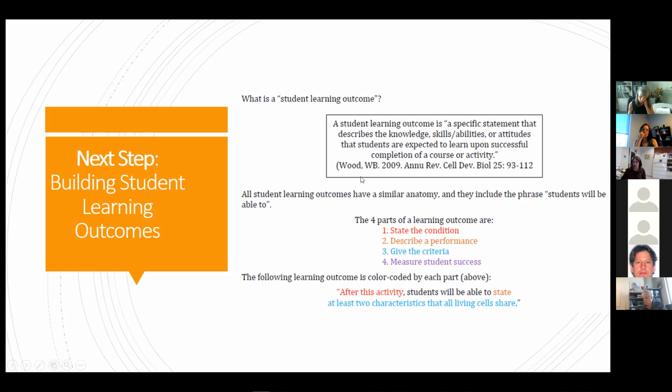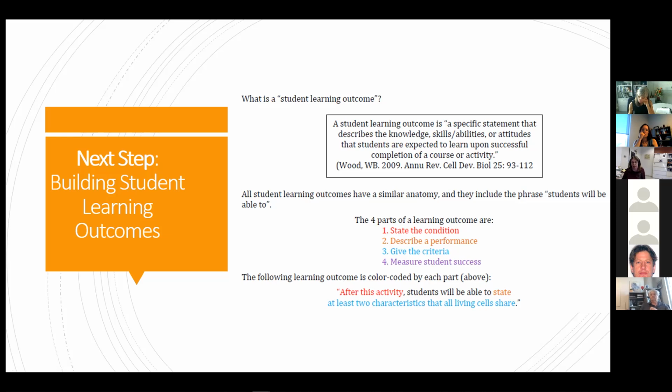And again, with Annual Review of Cell and Developmental Biology, they did an education part for their annual review. And they were saying a student learning outcome is a specific statement that describes the knowledge, skills, abilities, or attributes that students are expected to learn upon successful completion of the course or an activity.